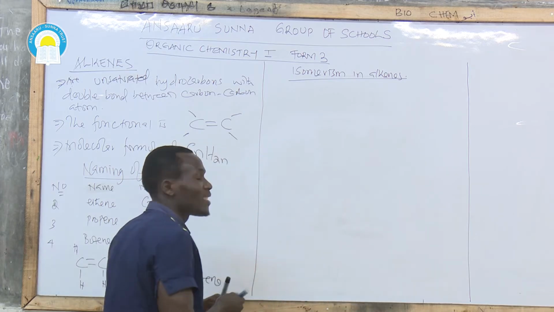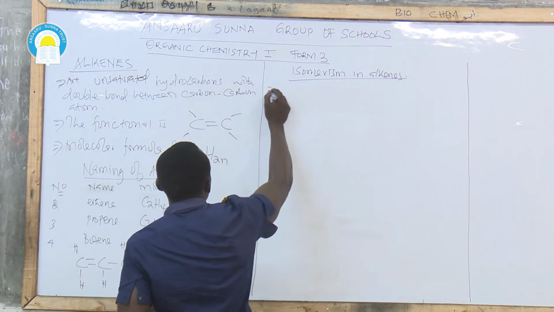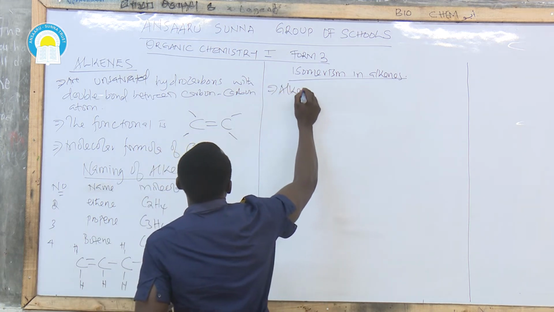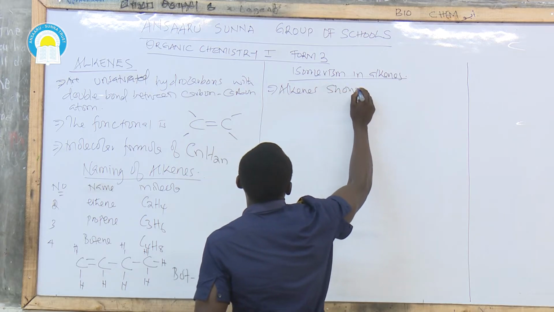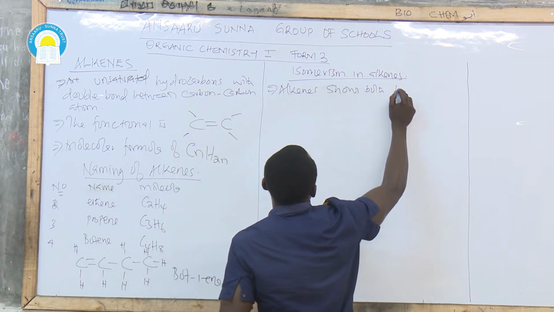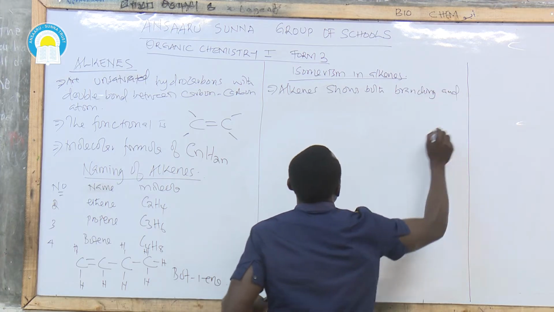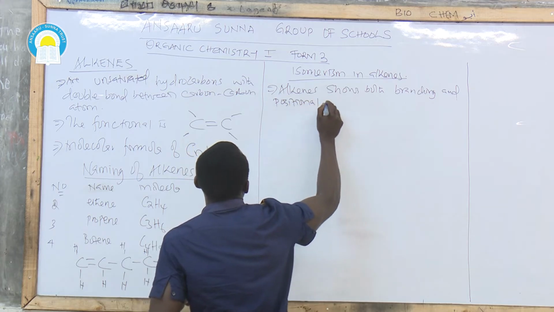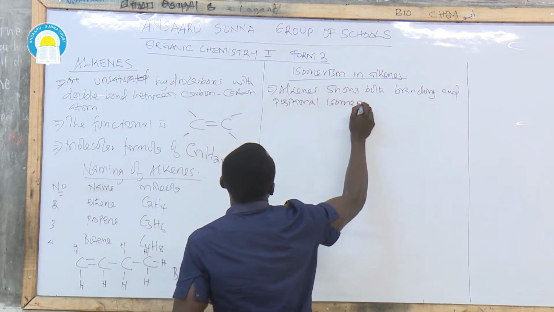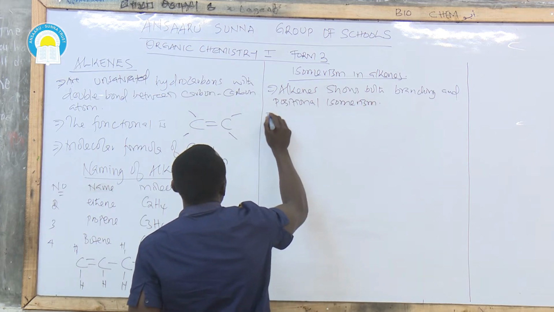So let me first start with positional isomerism. Alkenes show both branching and positional isomerism.